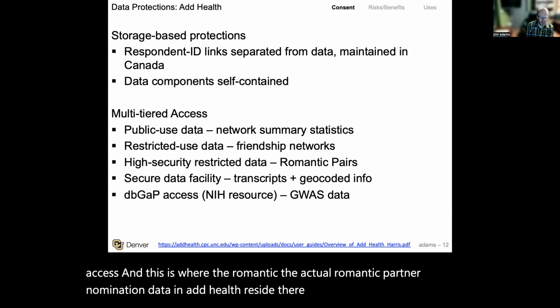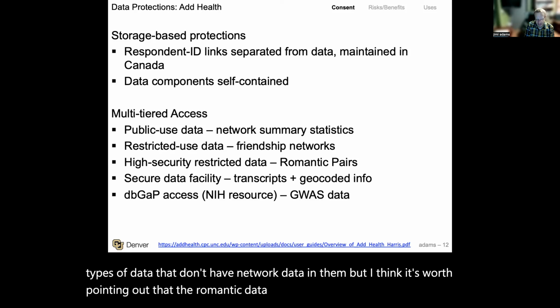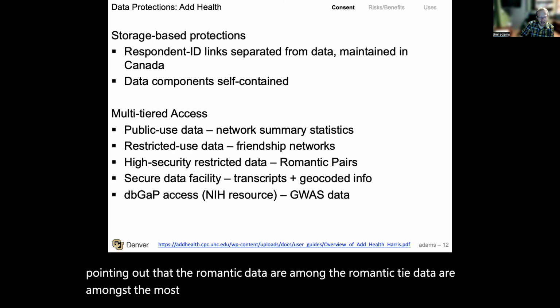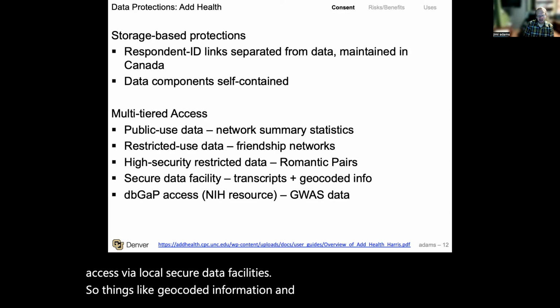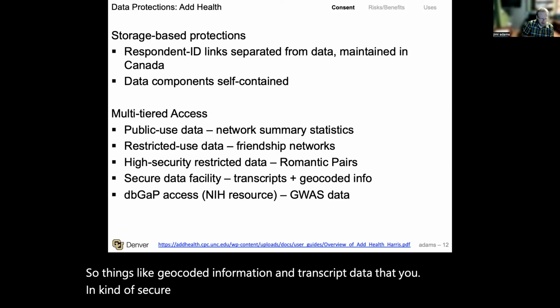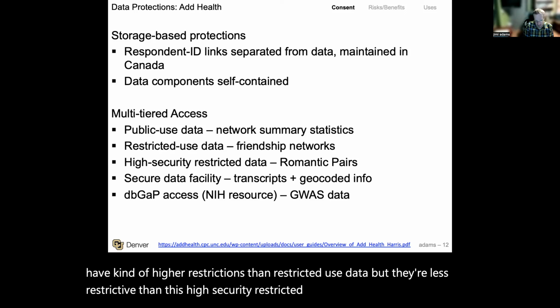There are other types of data that don't have network data in them, but I think it's worth pointing out that the romantic tie data are amongst the most highly protected data in AdHealth, and that you can get access via local secure data facilities to things like geocoded information and transcript data in secure data facilities at various places across the country that do have higher restrictions than restricted use data, but they're less restrictive than this high security restricted data that requires you essentially to go to North Carolina to use.